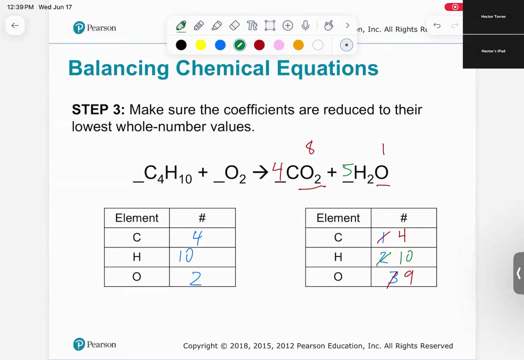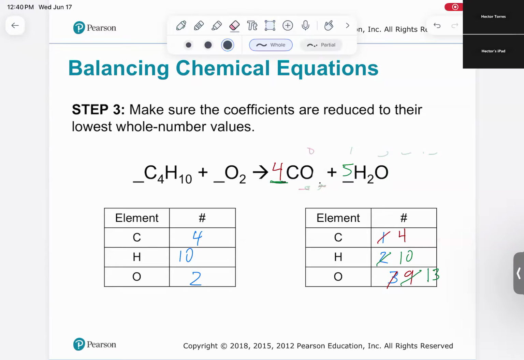And look, the 5 changes the oxygen again. So I'm going to cross out that 9 because I don't have 9 anymore. I have 4 times 2, so I still have that 8. Okay. And then over here, I don't have 1 anymore. I have 5. So 5 plus 8 equals 13. So now I have 13.